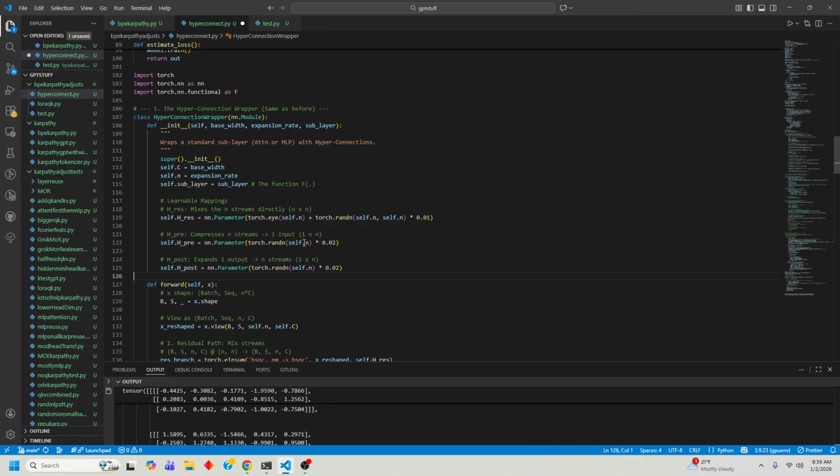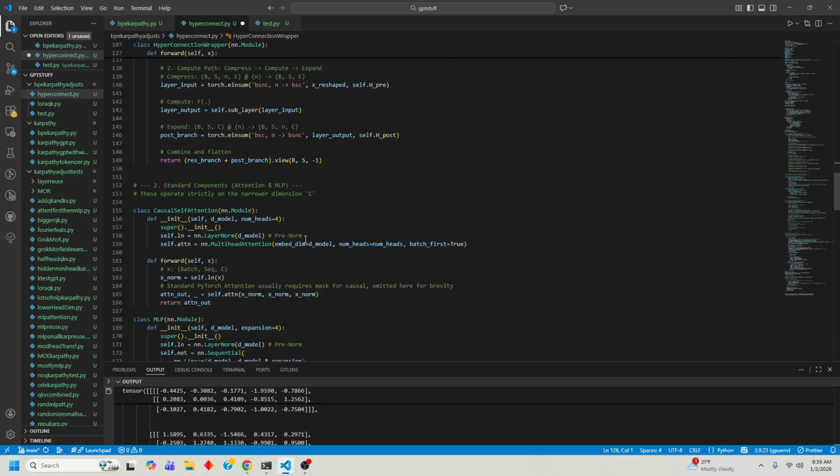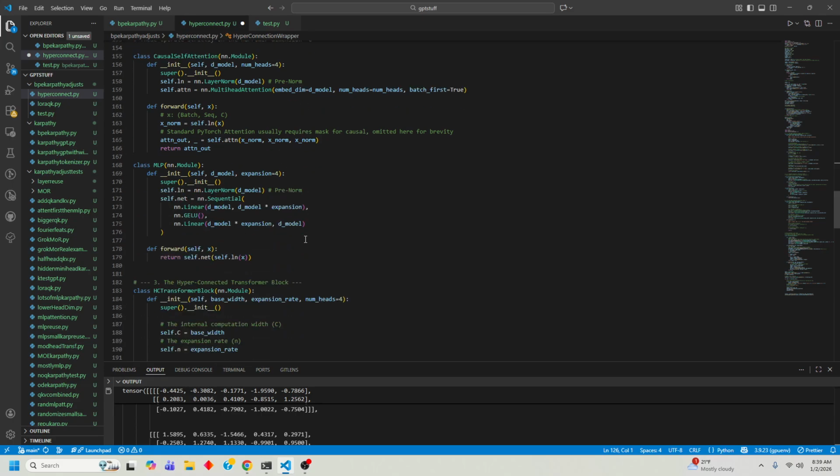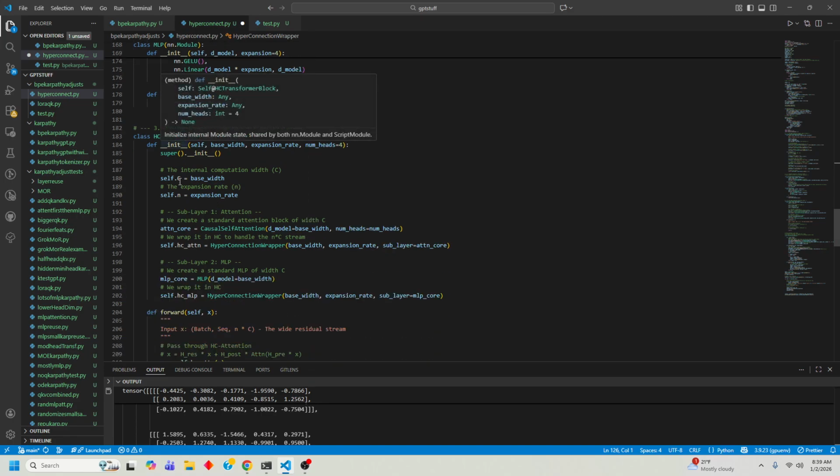Okay, we'll start at the highest level and work our way in. So we'll start at this new transformer block. Everything else is going to be the same if you use the Karpathy transformer. Still basically the same.